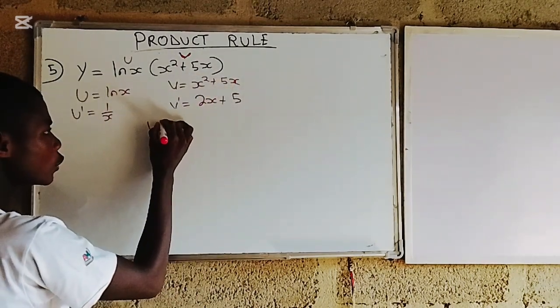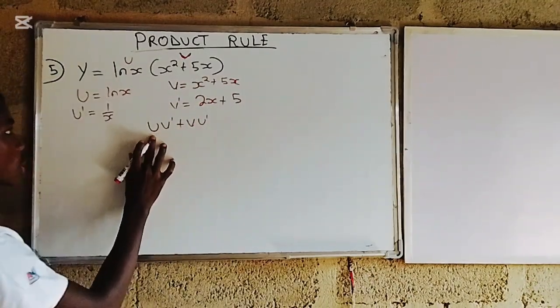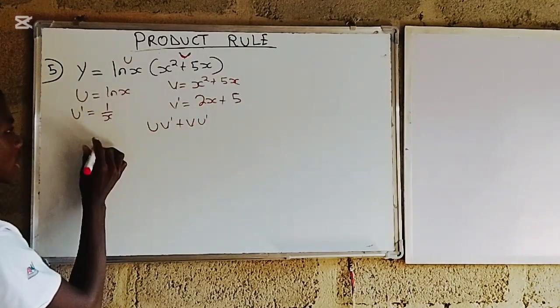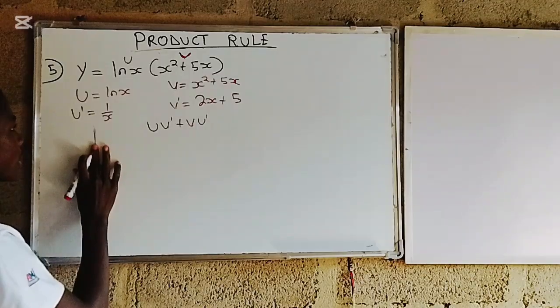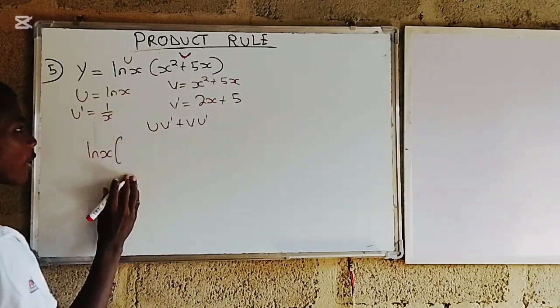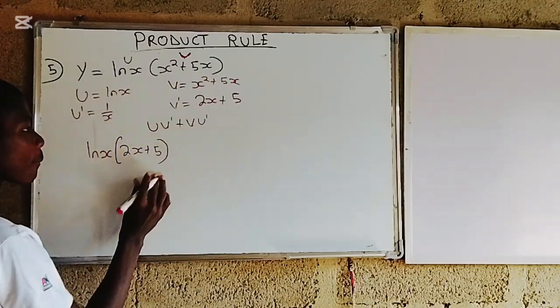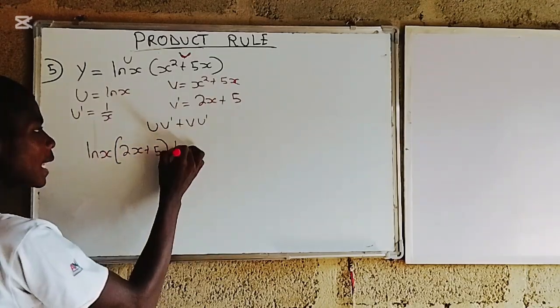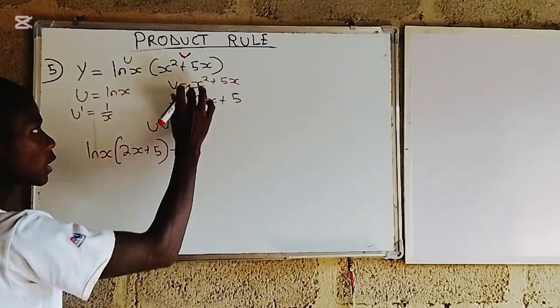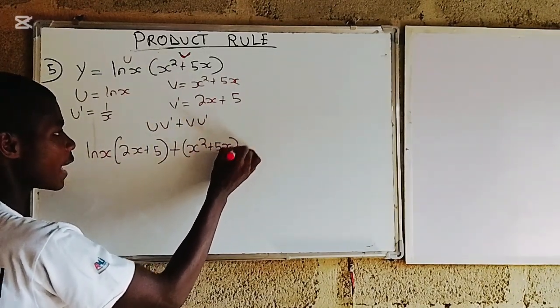According to the formula, uv prime plus vu prime. What is u? U is the same thing as ln x, multiplied by v prime, which is 2x plus 5, plus what is v? V, which is x squared plus 5x.